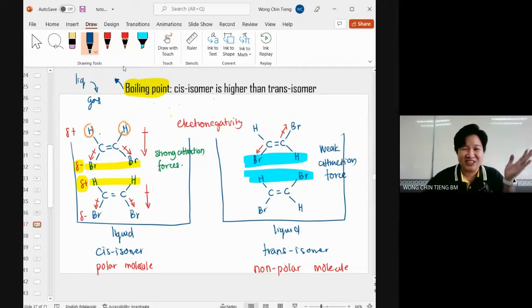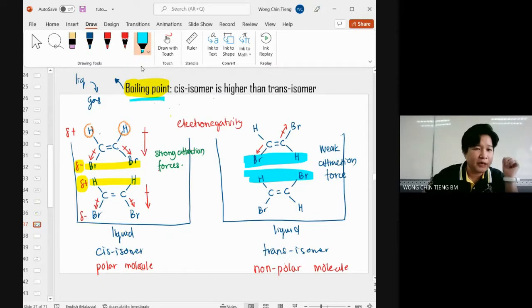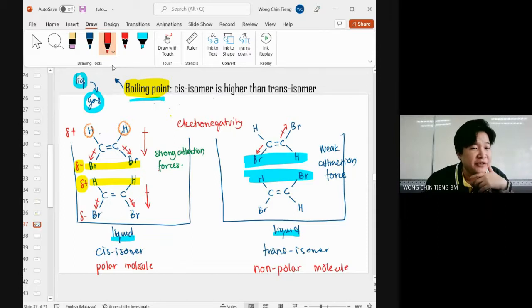Okay. So, that is what happened. Dan sekarang saya nak kamu balik tengok kepada boiling point. Boiling point adalah tukar liquid ini. This is our liquid right now, ladies and gentlemen. I want to change the liquid to gas. Bila kita nak tukar liquid kepada gas, we need to overcome these attraction forces.